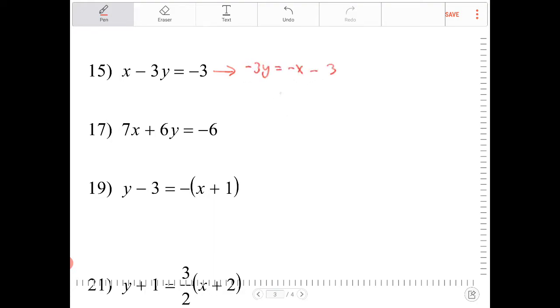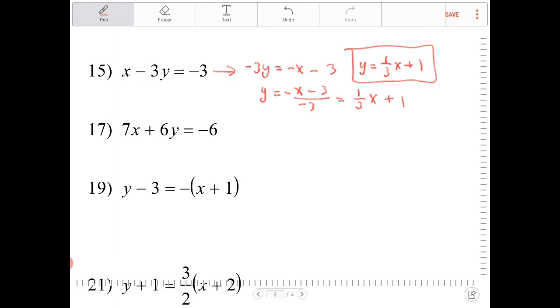Then we divide both sides by negative 3, so y is equal to negative x minus 3 over negative 3. This simplifies to 1/3 x plus 1, because the negative 3 has to divide into both terms. So again, y is equal to 1/3 x plus 1.